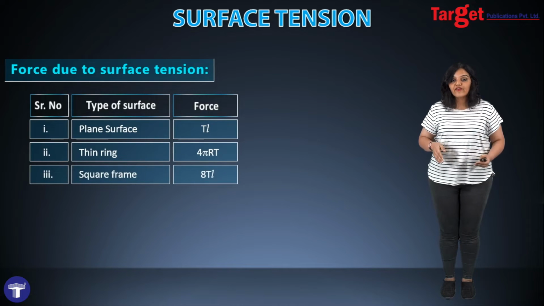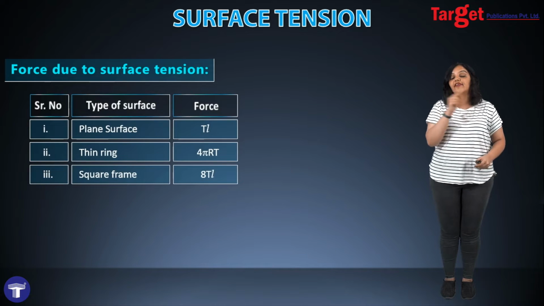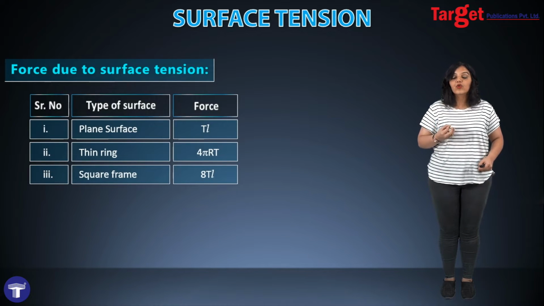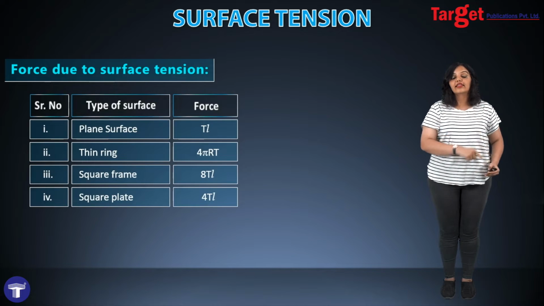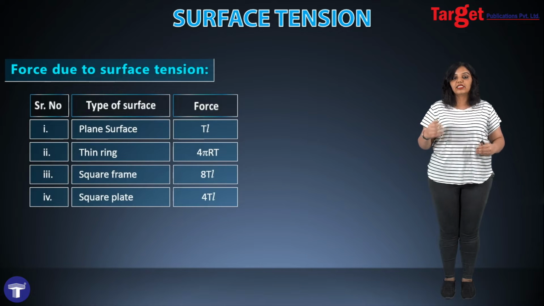Similarly, if you have a square frame, you have a total perimeter of 4L on the inside and 4L on the outside, giving you a perimeter of 8L, which multiplied by T gives you the force due to surface tension. However, in case of a square plate, you only look at the outside perimeter because the liquid is not present on the inside perimeter, and therefore the effective length is 4L.